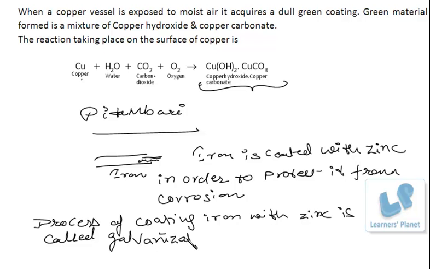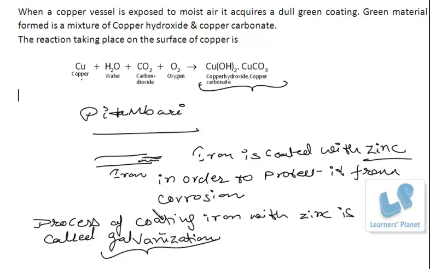Do remember this, as it can be a question: iron pipelines are used for supplying water, still they don't get corroded. Why? This is because the iron pipes are coated with zinc in order to protect them from corrosion, and this process of coating iron with zinc is called galvanization.